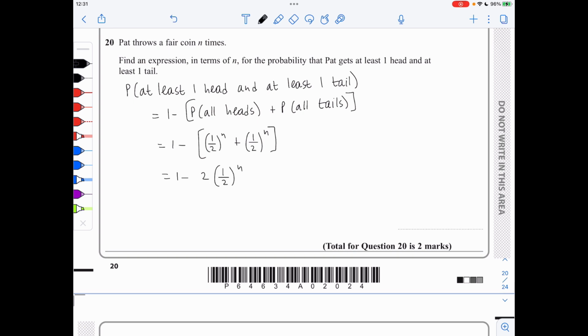Strictly speaking, I could stop here because I have not been told to give a simplified expression, so this is an expression in terms of n. However, if I want to proceed in simplifying this, I could write this as 1 minus 2 over 2 to the n, which is simply 1 minus 1 over 2 to the n minus 1.